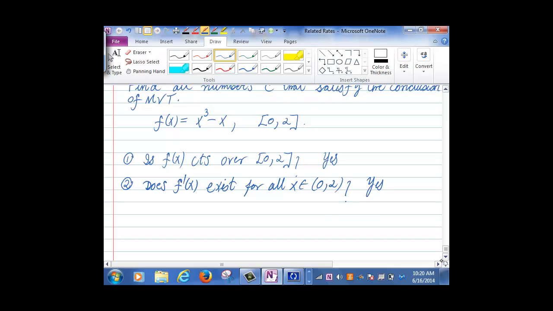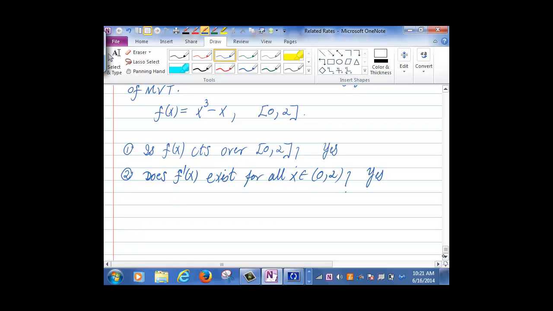Now I have to find all the values of c which will satisfy the conclusion of the mean value theorem. What do they mean by that? Well, find all values of x where the instantaneous rate is the same as the average rate of f over this interval. So what's the average rate of f over this interval?